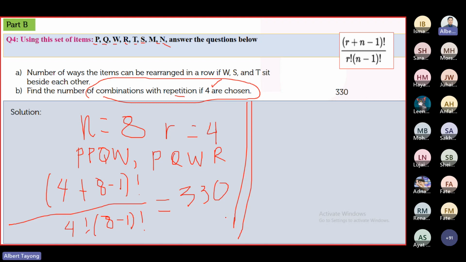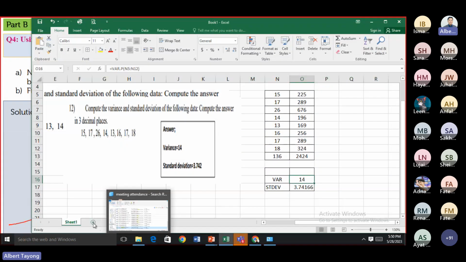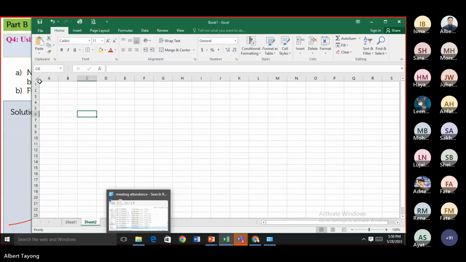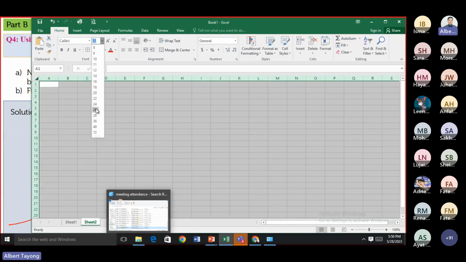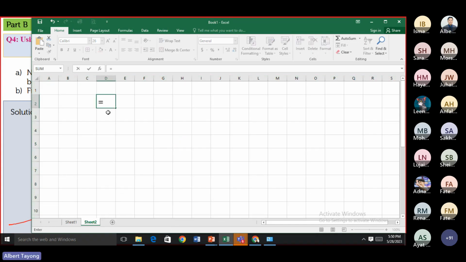Okay, while practicing, for example, if you have your own computing device, you can also use Excel to find this value. Okay, so in Excel, as I said in the class last time, you can use this formula: equals COMBINA. Okay, we have 8, 4.